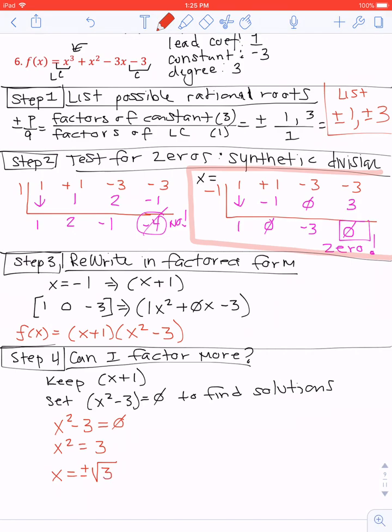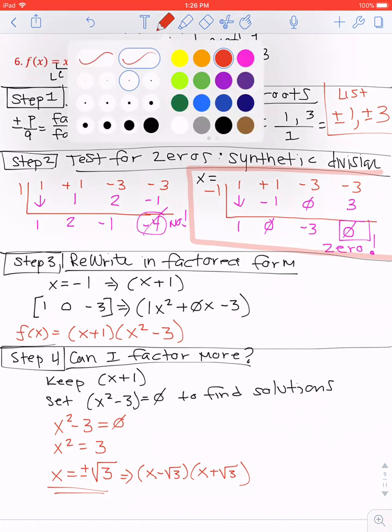This is where that conjugates theorem comes in play. Right? We have two solutions, a positive root 3 and a negative root 3. So those create factors of x minus root 3 and x plus root 3. Right? So we have a final solution now.